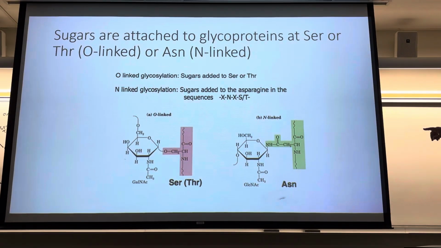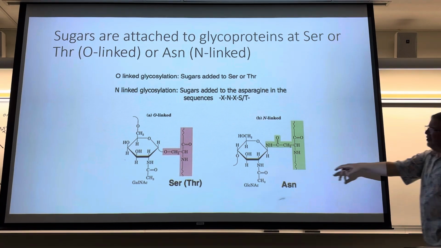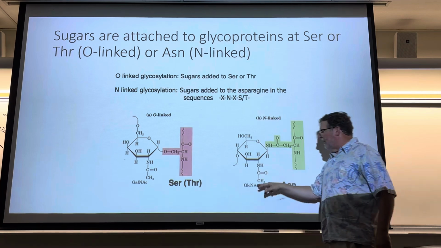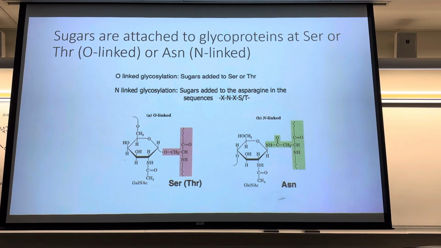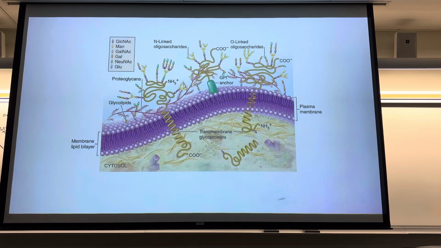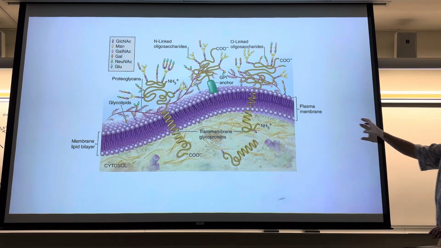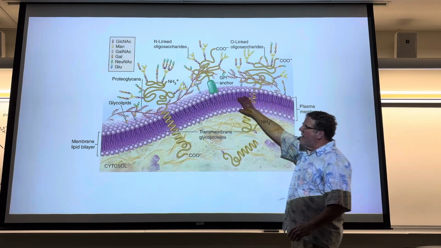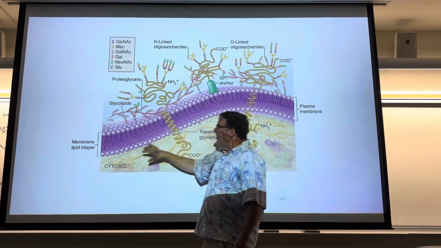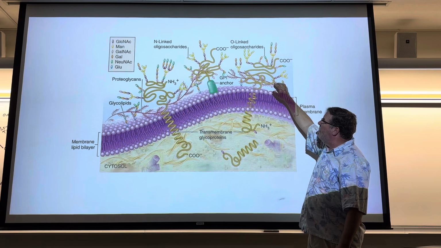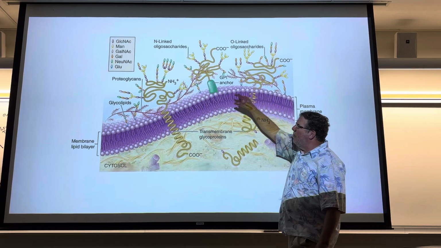This just repeats what we did here. We can have the sugars attached via a serine or via an asparagine, the O-linked or N-linked glycoproteins. Here, to illustrate, is our plasma membrane, with the cytosol in here and the outside of the cell at the top, and we have these integral membrane proteins.